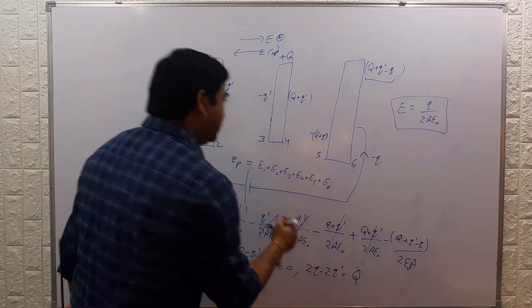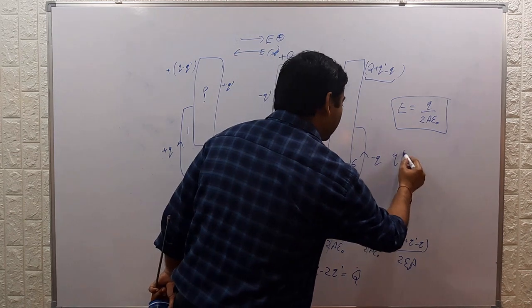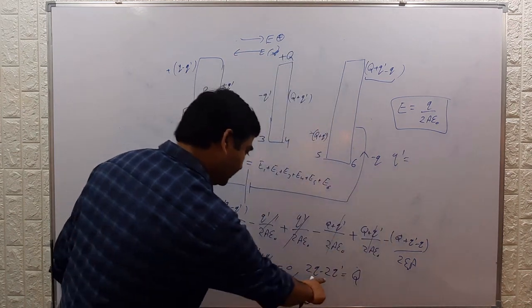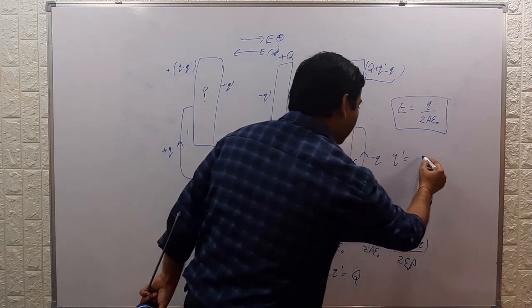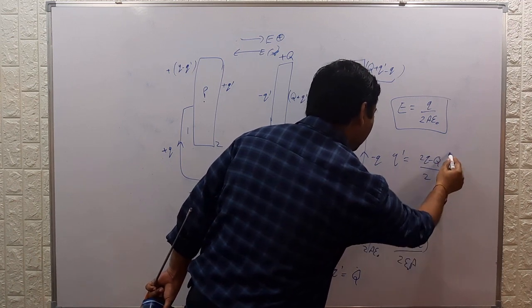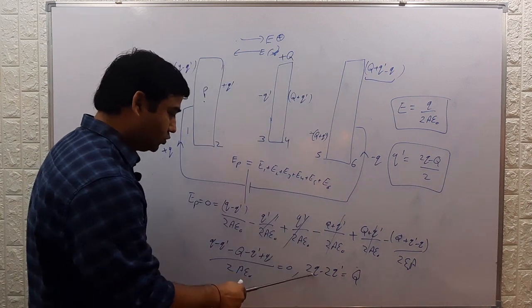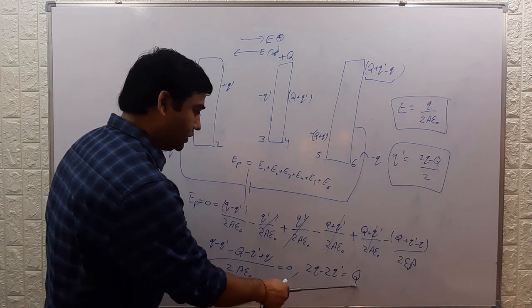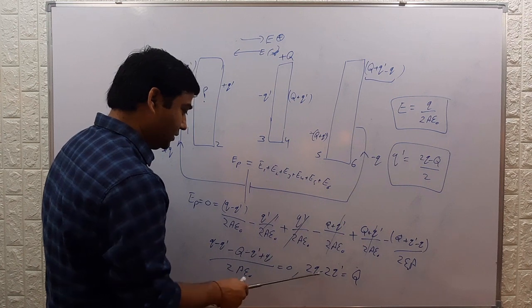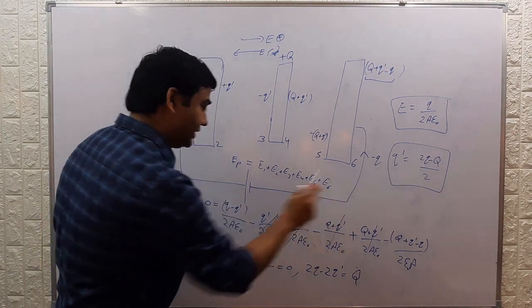So we can write Q dash here is equal to (2Q minus Q) divided by 2. 2Q minus 2Q dash is equal to Q, so Q dash is (2Q minus Q) divided by 2.